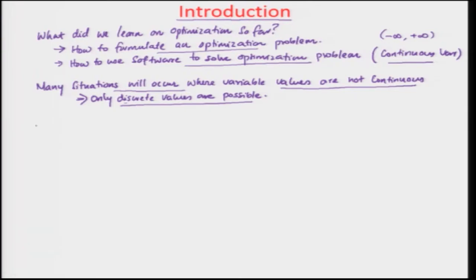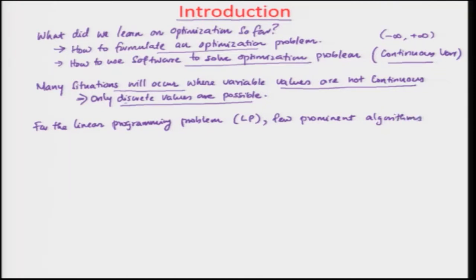For the linear programming problem, or what we call LP, where the variables are continuous, a few prominent algorithms are sufficient to handle the vast majority of the optimization models.